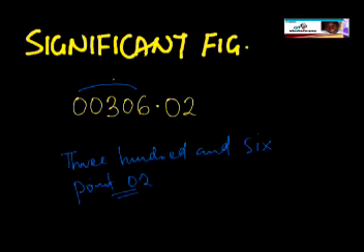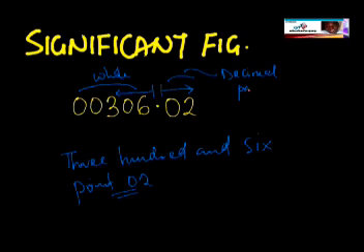The first part is called your whole part. This is the whole part, that is the number before your decimal point. This is where you have your decimal point, and this other number after your decimal point is called the decimal part. So you have the whole part and your decimal part.